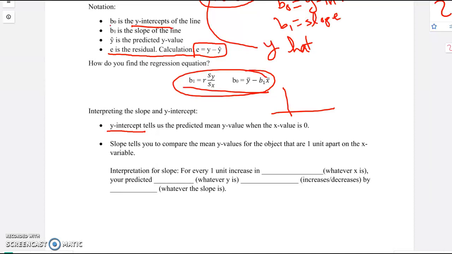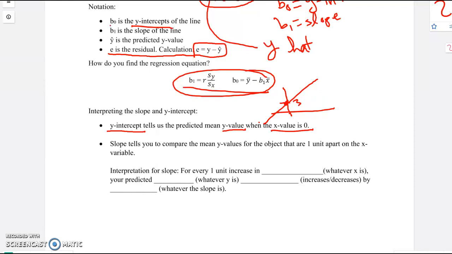If I have an equation of a line, let's say it went through 3. What my y-intercept is, is when x is equal to 0, what is the y value? In this case, my y value is 3. Y-intercept tells you where the graph crosses the y-axis, and in this case, it's crossing it at 3. That's all it's telling you.